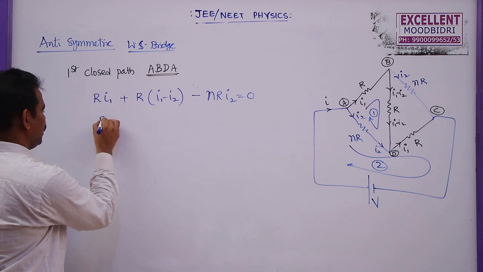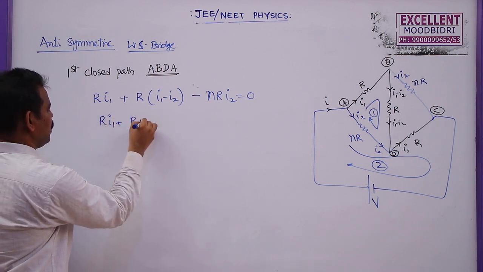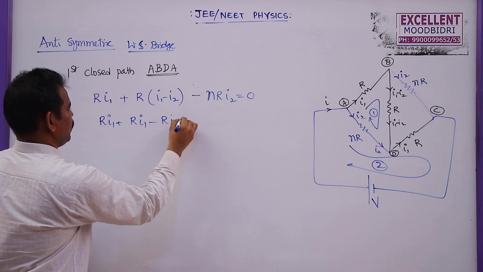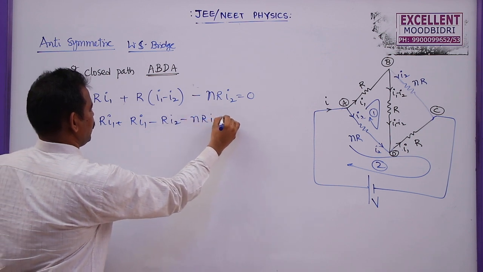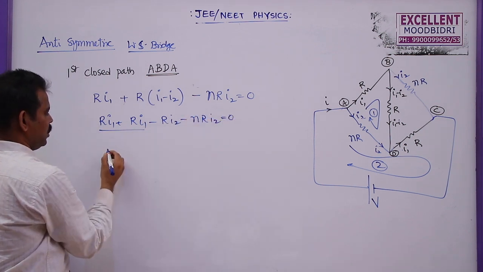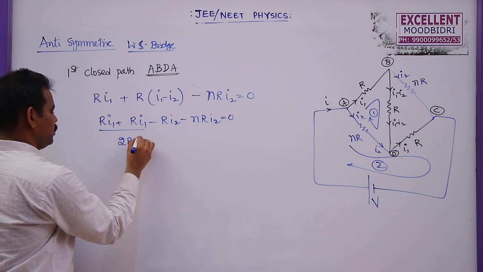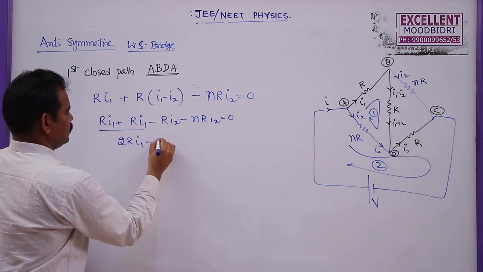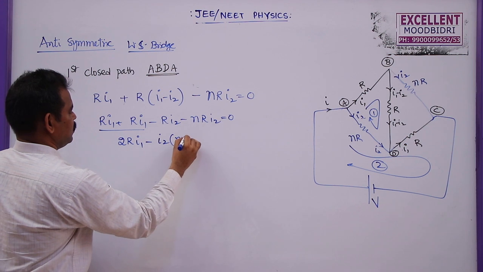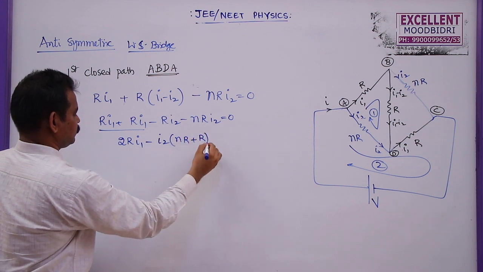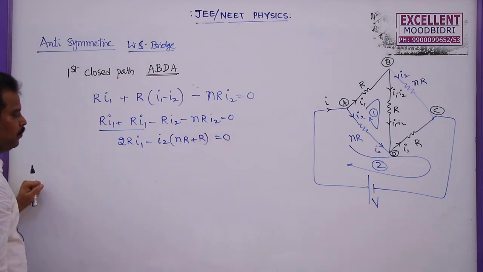Now here you can see RI1 plus R(I1 minus I2) minus NRI2 is 0. So 2RI1 minus I2 into (NR plus R) is 0.